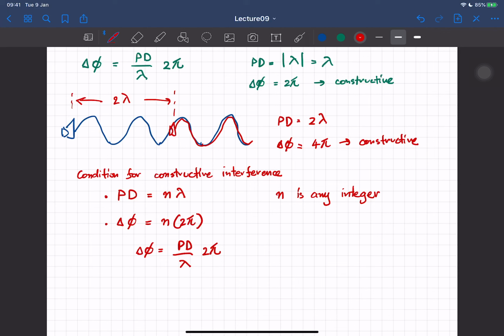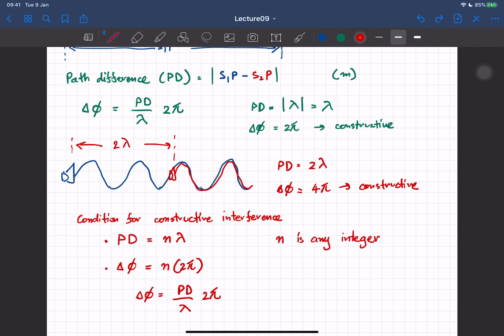Okay, so you can see that if this is true, then it implies that the other one must be true. Right, so either one is fine. You cannot have one true and the other not true, because that would contradict this equation, and we shouldn't have that. Okay, so this is the condition for constructive interference.